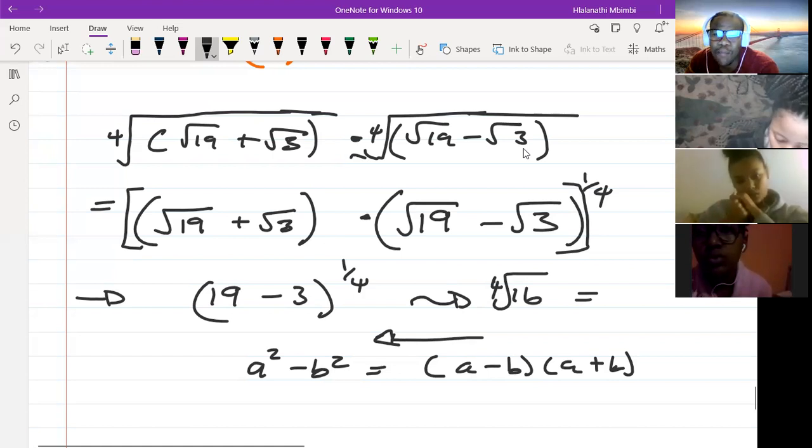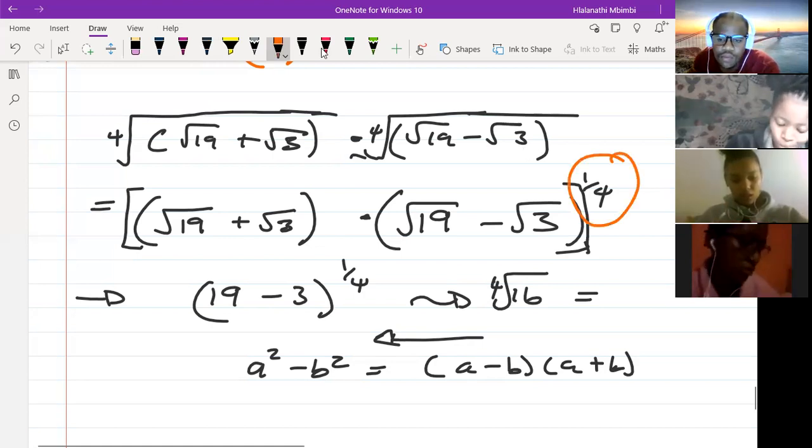But we said if they are both to the same power, we can just multiply them and say they are raised to the power of a fourth, like what we have there.